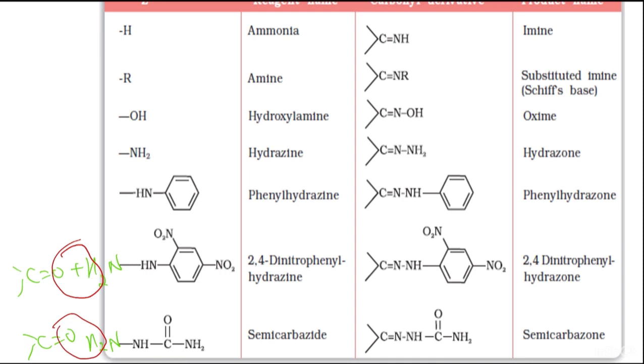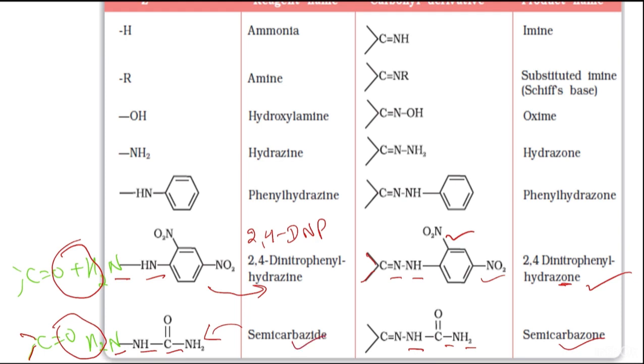This was 2,4-DNP, 2,4-dinitrophenylhydrazine, and the product would be C with 2 bonds already, double bond and then N, NH, benzene with nitro groups at 2 and 4 positions. 2,4-dinitrophenylhydrazone. Same way here, this is semicarbazide. So this is C double bond N, NH, CO, NH2, semicarbazone.